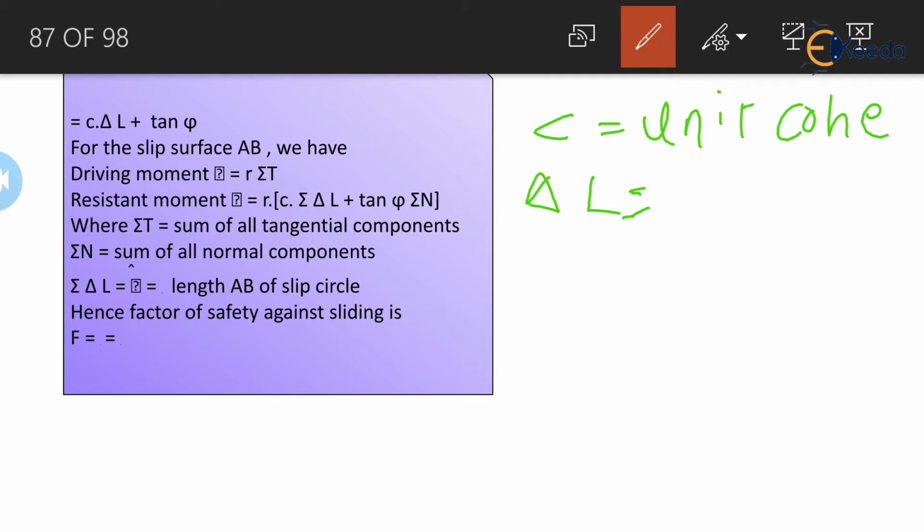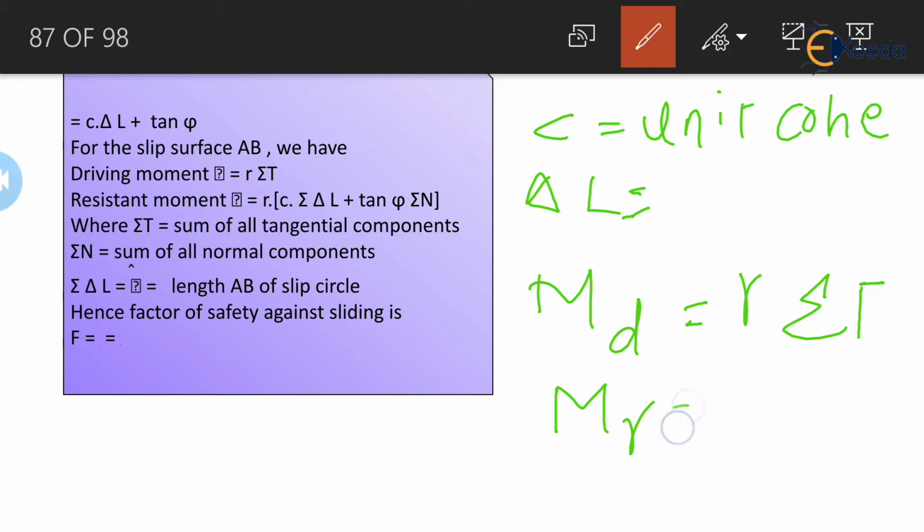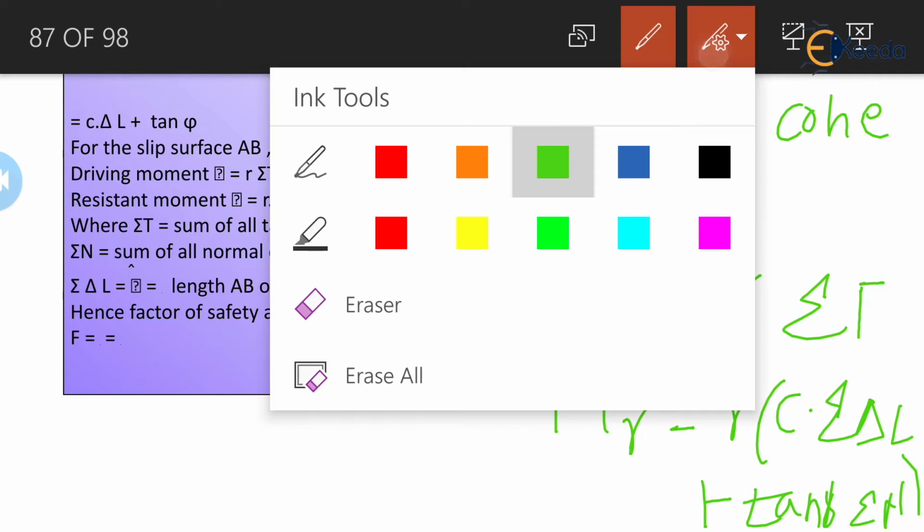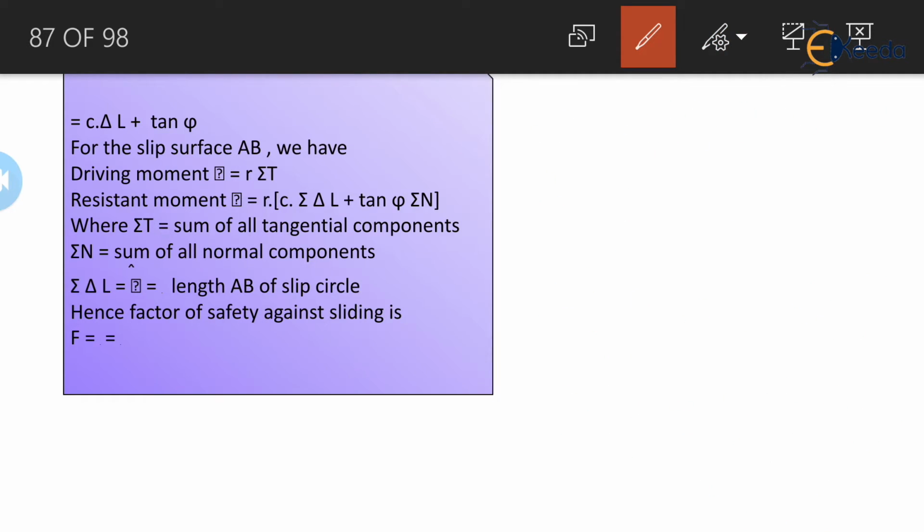For the entire slip surface, we have the driving moment MD equal to R into summation of T, and the resisting moment MR equal to R into C summation of delta L plus tan phi summation of N. So here we get the resisting moment equation and the driving moment equation.